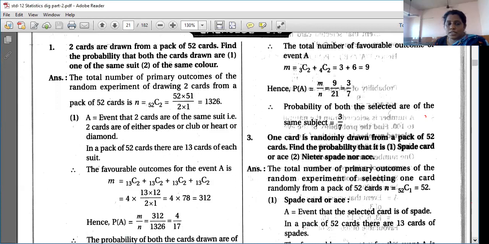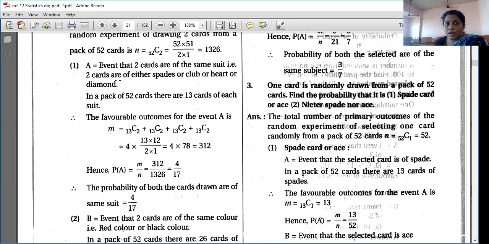So your first question in 1.3 is: two cards are drawn from a pack of 52 cards. Find the probability that both the cards drawn are of the same suit, and of the same color. The first question is of the same suit, and the second question is of the same color.